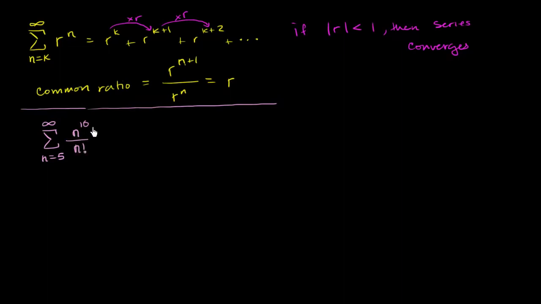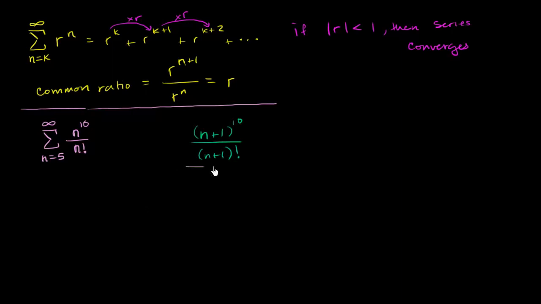And maybe we can use a little bit of our intuition here. Well, let's see if we can come up with a common ratio. So let's take the n plus 1th term, which is going to be n plus 1 to the 10th power over n plus 1 factorial, and divide that by the nth term.